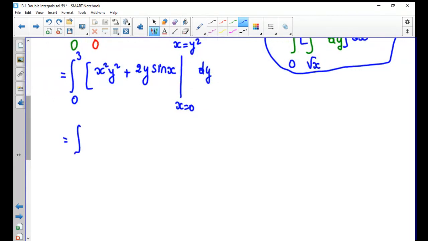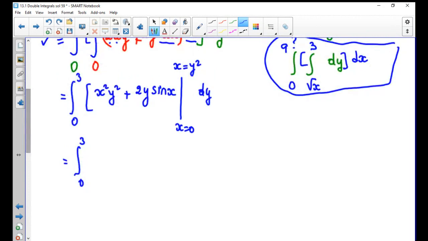So now let's substitute. If you put x equals y squared, you will get y to the power of 6 plus 2y sine of y squared.